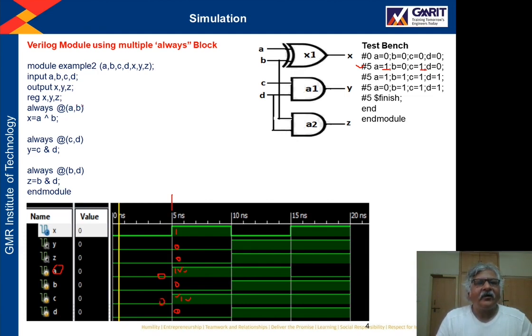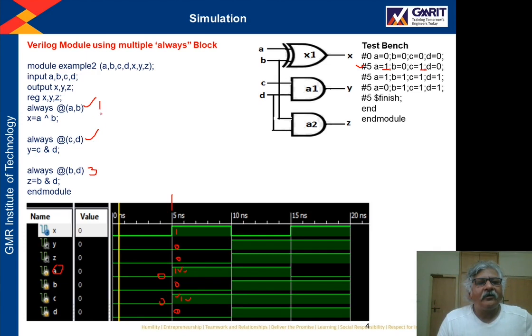Due to this, the first and second always blocks both will be activated. Always block number third is not activated at 5 ns, because it has B and D as the sensitivity list, and there is no event on B and D, so it is not executed.